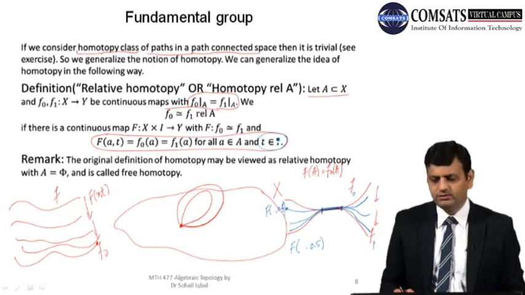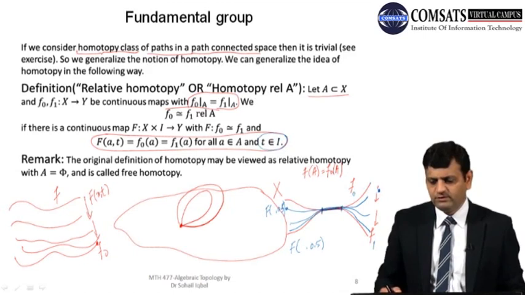As t belongs to I, we are moving from this function F0 to F1.